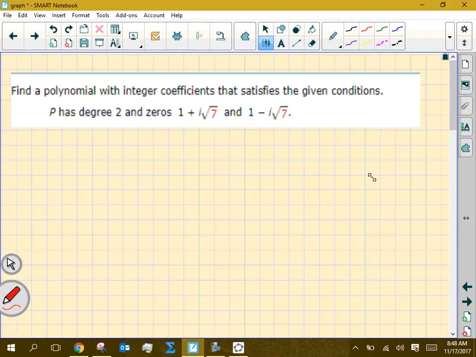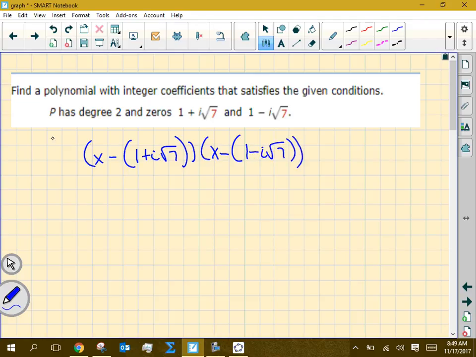All right, so they're giving you, so it's 2 degrees, so it's going to be quadratic. We're going to go x minus the 1 plus i radical 7, and then x minus the 1 minus i radical 7. And we can actually do this 2 ways.